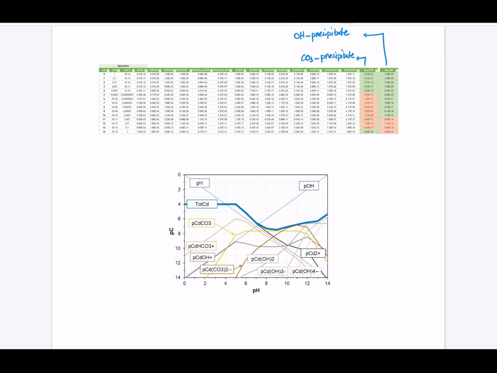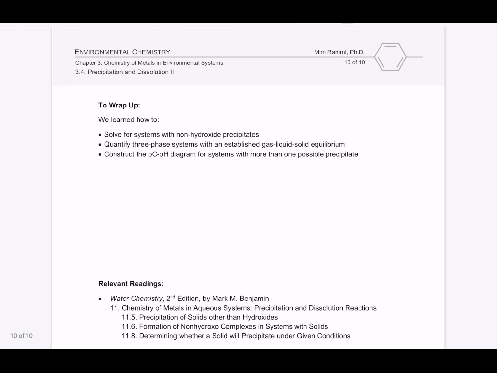So to wrap up what we talked about, here what we did was similar to the previous lecture. We highlighted the potential complexation reactions. We also highlighted the precipitation or precipitations.